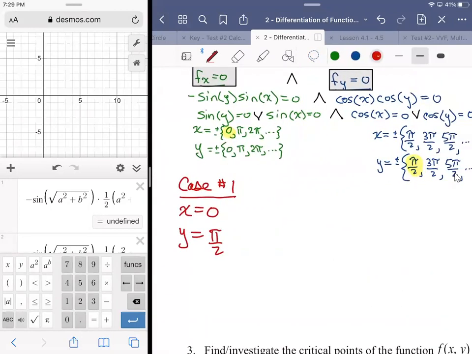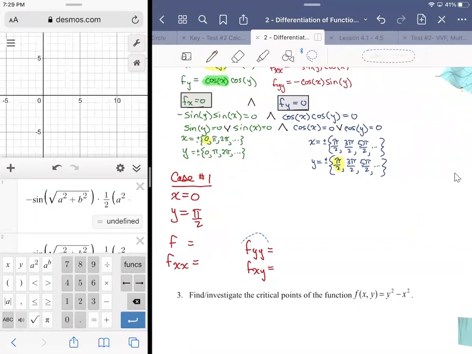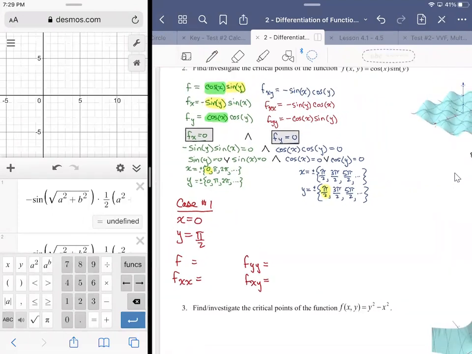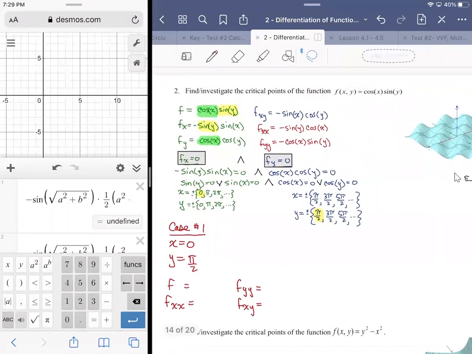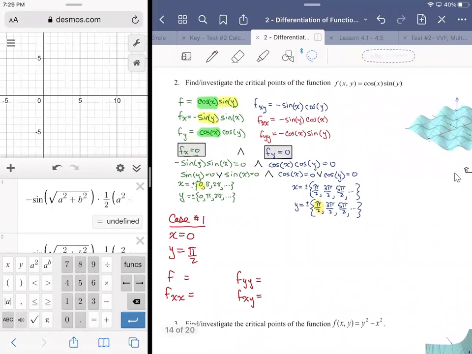All right, so I need, I'll just do shorthand notation, f x x, f y y, f x y. So if I pop in a 0 for x and a pi over 2 for y, I'll use my highlighter for x and y.